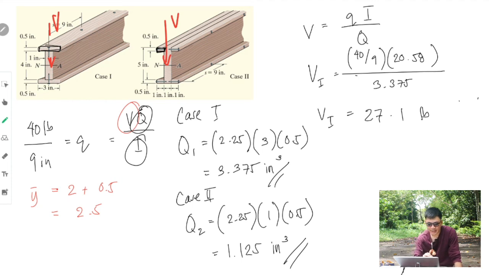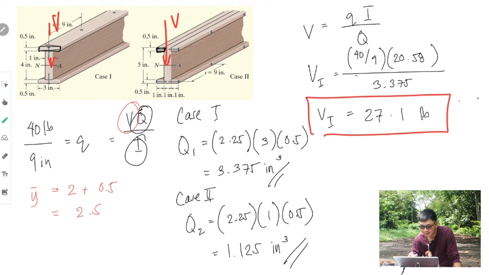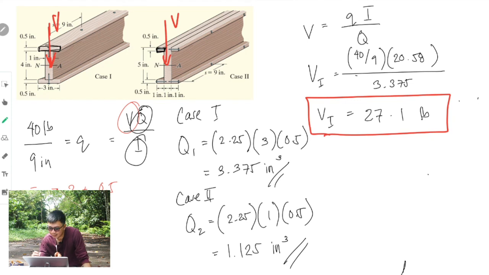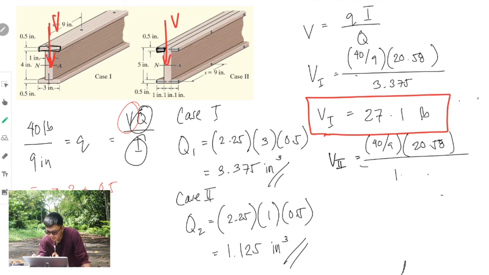So, mao ni ang maximum shear force nga imong i-apply dito before ma-fail ang atong nail. 27.1. How about diri sa atong kaduha, sa case 2. So, V2 is equal to 40 over 9 multiplied by I, which is 20.58 gihapon divided by 1.125.